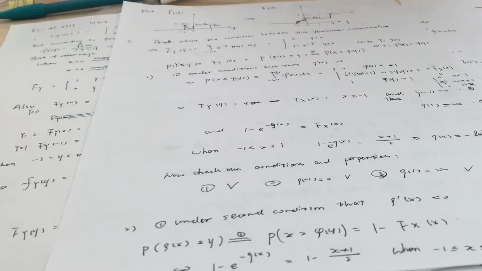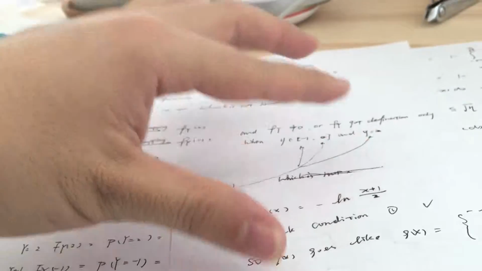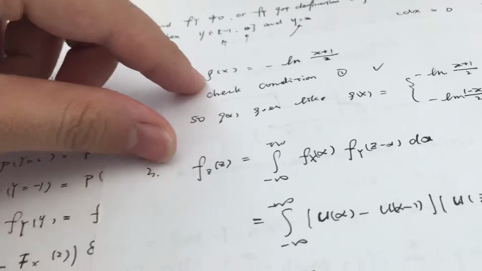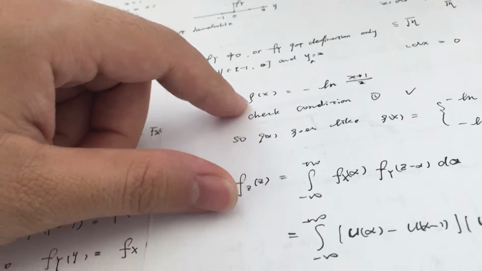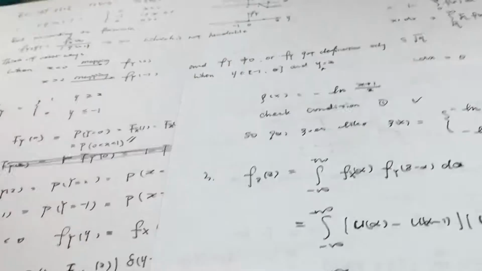Calculating the same way, g(x) is minus ln of (x plus 1) over 2, and we check the conditions.